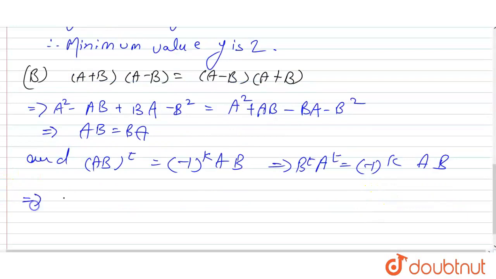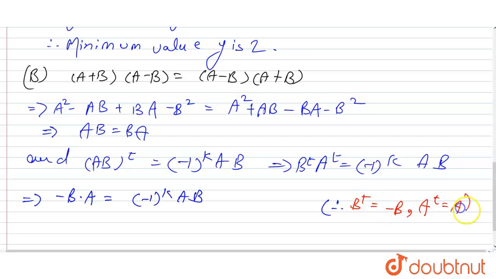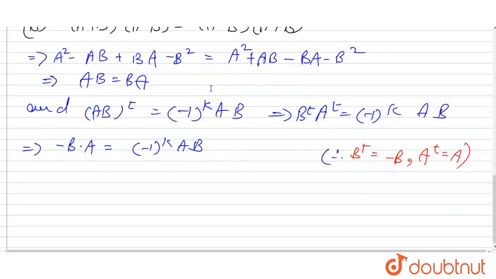Now here we have minus BA is equal to (minus 1) to the power k AB. Therefore B transpose is minus B and A transpose is A, right? So now BA will be equal to (minus 1) to the power k plus 1 AB, right?